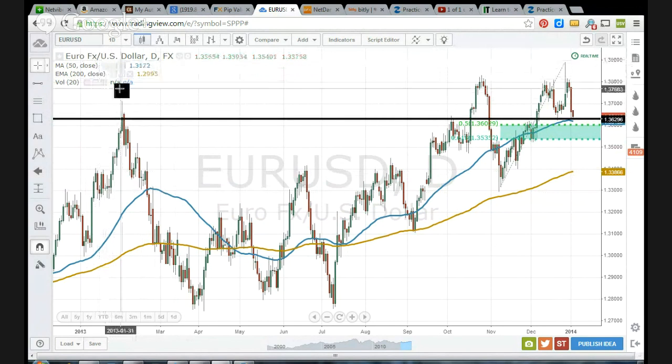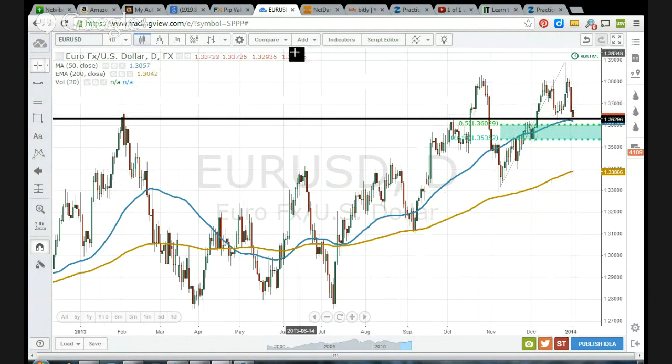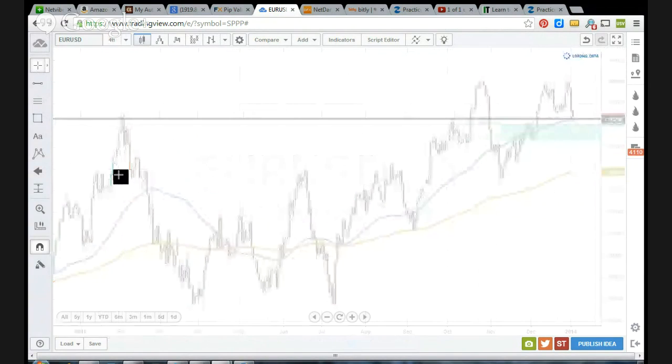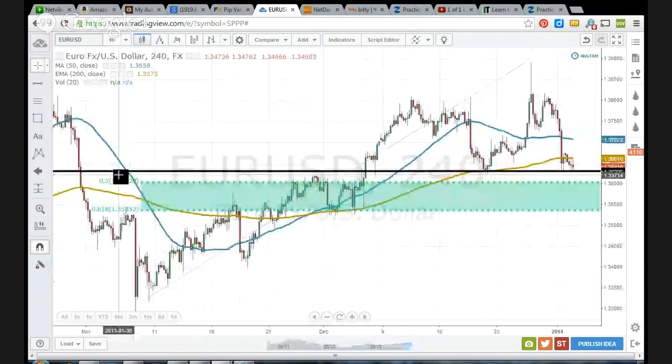Okay, so here's the Euro Dollar daily chart. Here's a support level I had identified. Sometimes when I'm looking at the current candle, this candle is still pretty red. We had a big red candle here. I like to zoom in to the 4-hour chart to get a clear idea of what's going on intraday, within this current daily session.